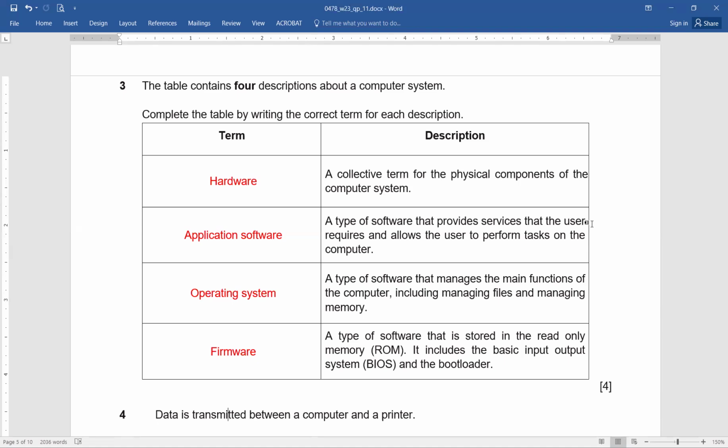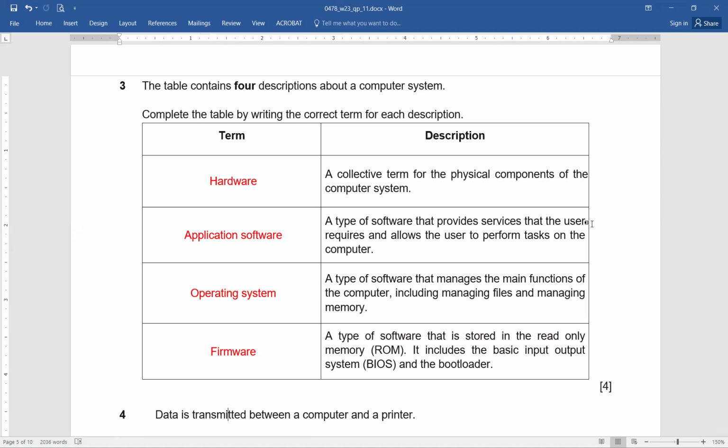Because it's not going to be the system software exactly. Be very cautious. System and application, these are the 2 types of software. So we have to figure out which will be the right option to be written here, and it is going to be application software. Any issues?